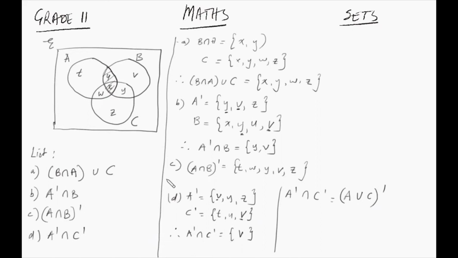So A union C would be these elements and these ones, the elements in set A and in set C together. So A union C complement is outside of this region. That means you could see it's only V there. You could still find it and say, okay, that would be a set with the member V. So this is how you can approach these things.